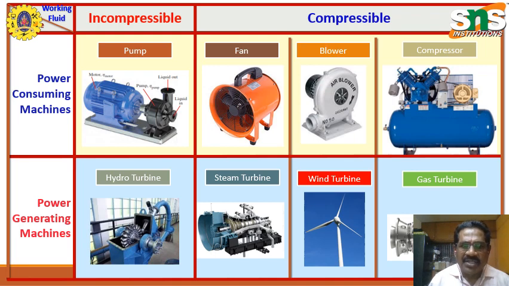If it is a power consuming machine, it is called a pump, and in that you have the fans, blowers and compressors. They all consume power. Whereas the other kind is the power generating machine, where you have the hydro turbine, the steam turbine, which is rotated by steam, the wind turbine, which is rotated by wind, and the gas turbine.